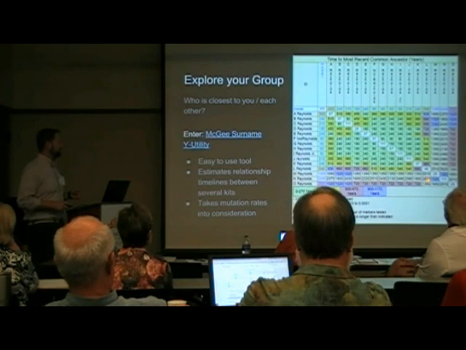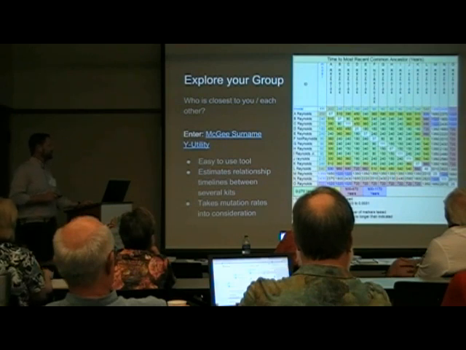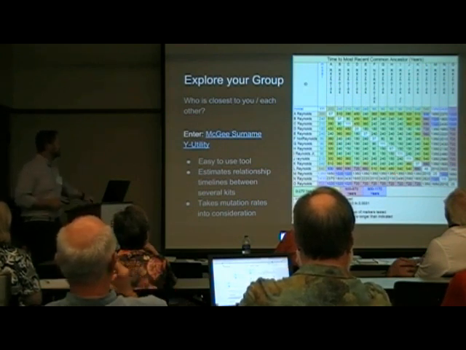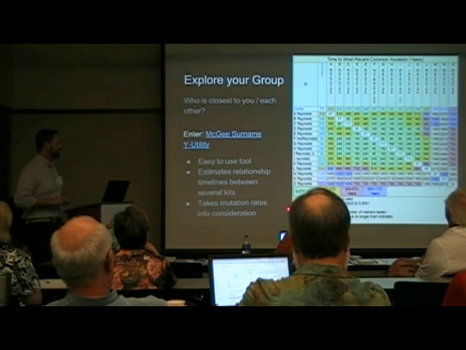And there aren't really census records and probate records from 2,490 years ago, so it might be tough to find their common ancestor, but they are relatives, just deeper back in time. And this tool actually takes into consideration the mutation rates of different markers.